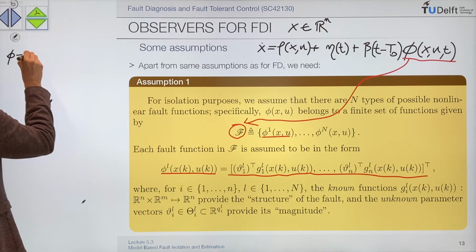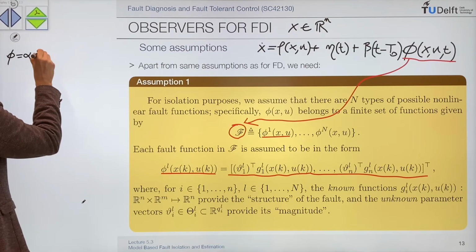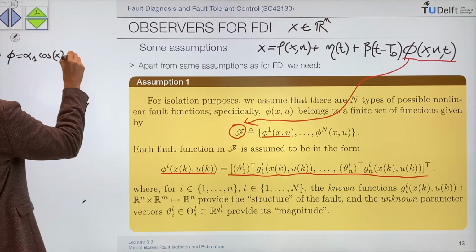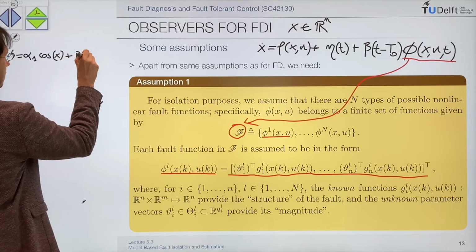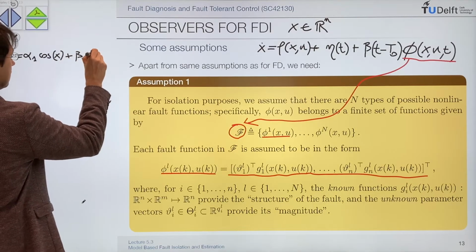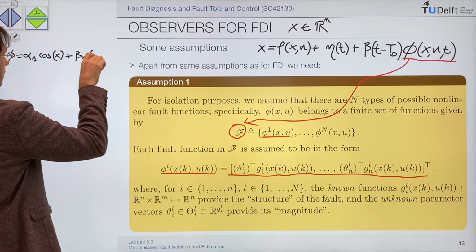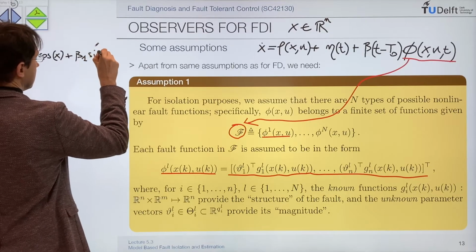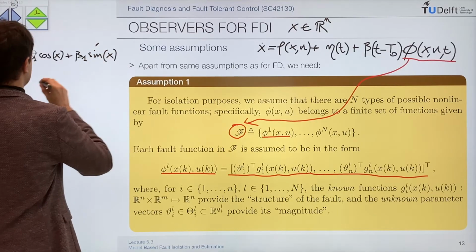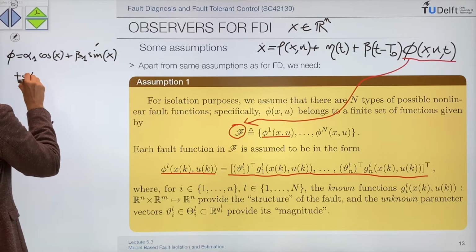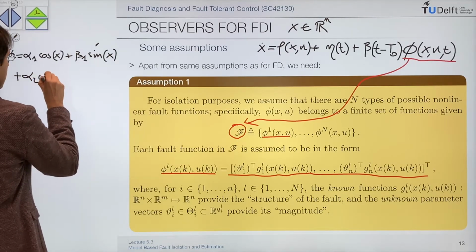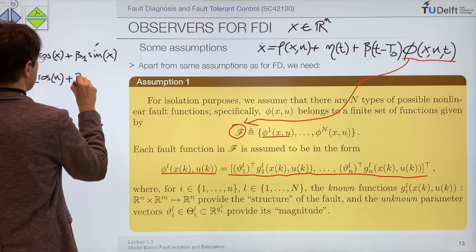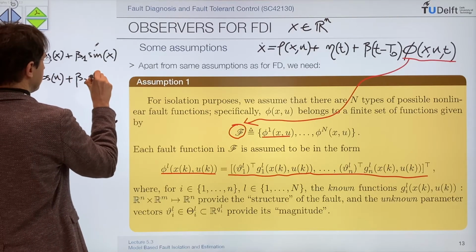So it can be alpha 1 that multiplies the cosine of x plus beta 1 that multiplies the sine of x plus alpha 2 that multiplies the cosine of u plus beta 2 that multiplies the sine of u.